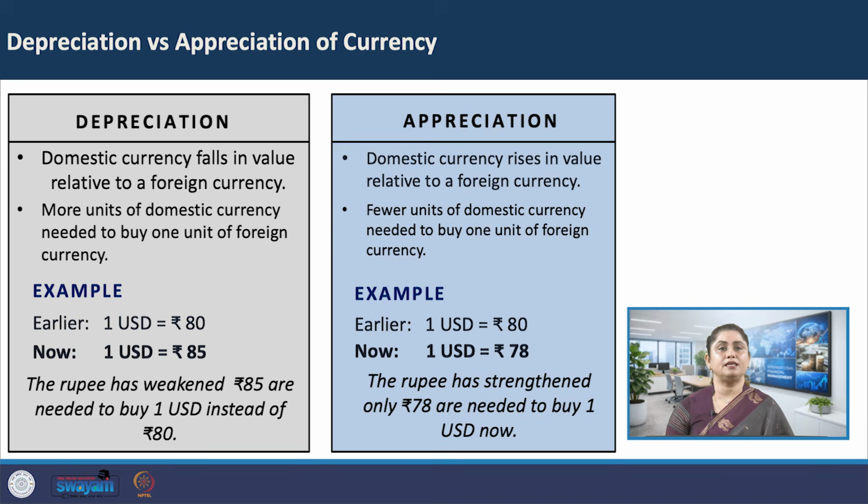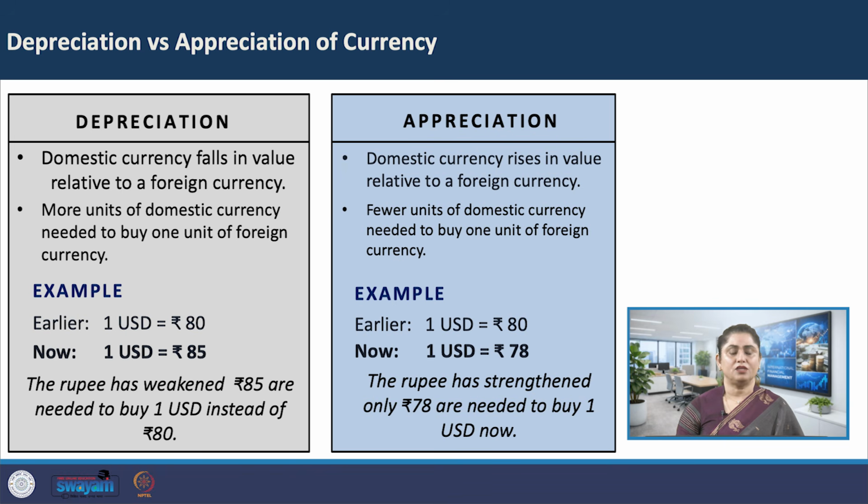Now, what is currency appreciation? It means that a currency has risen in value relative to another currency. You now need fewer units of domestic currency to buy 1 unit of foreign currency. Now, let us fix this with a clear illustration.